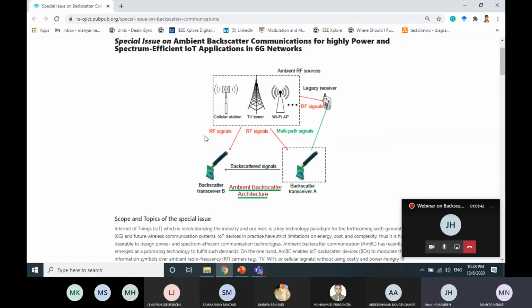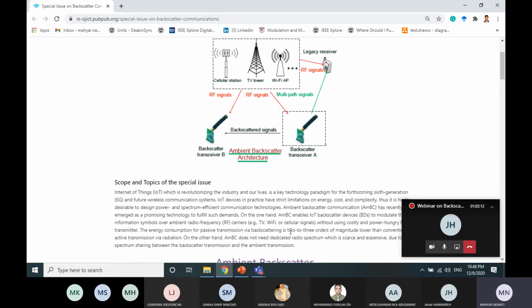As you can see, it refers to ambient RF sources like TV towers, cellular stations, and Wi-Fi access points communicating with the legacy receivers. Meanwhile, there are some sensors that can utilize that spectrum or those RF signals without any dedicated source or dedicated frequency spectrum, and they can exploit these to communicate with each other.